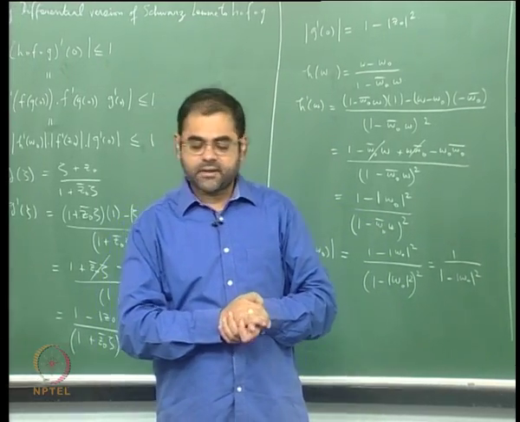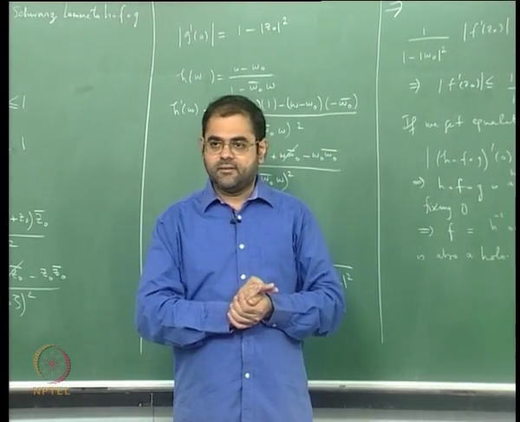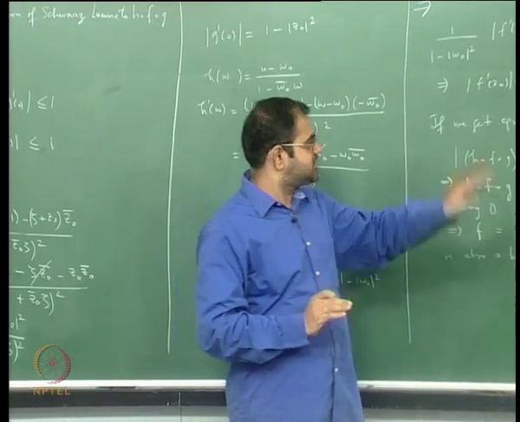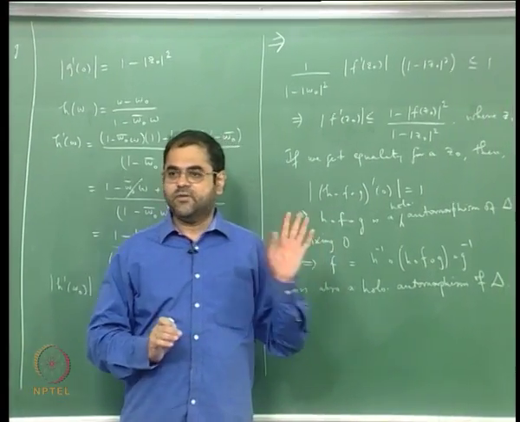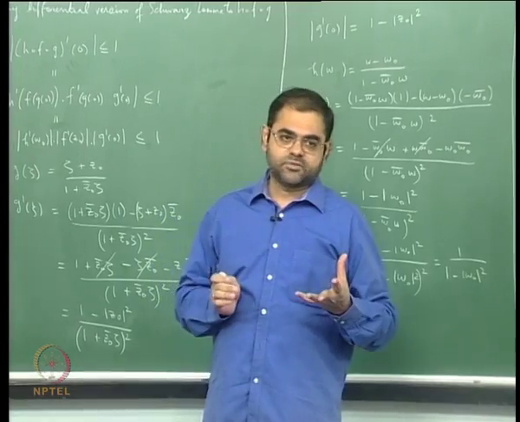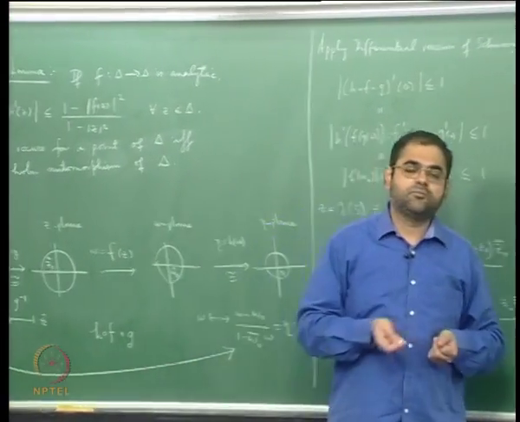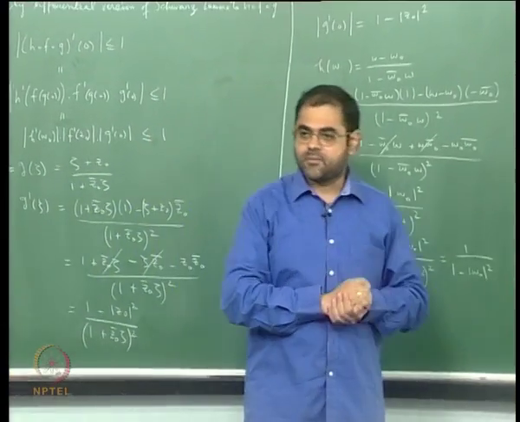Hyperbolic geometry depends on the so-called hyperbolic metric, and the key to the hyperbolic metric is Pick's lemma, which is a nice generalization of Schwarz's lemma, the differential form of Schwarz's lemma. That is how this enters into the discussion of the proof of the Riemann mapping theorem, alright.